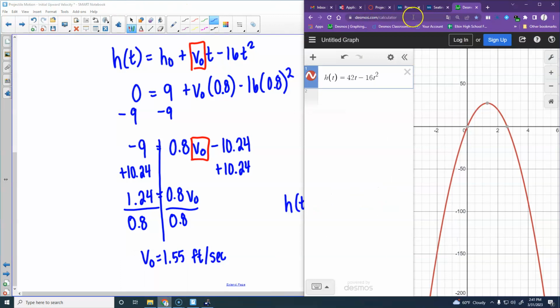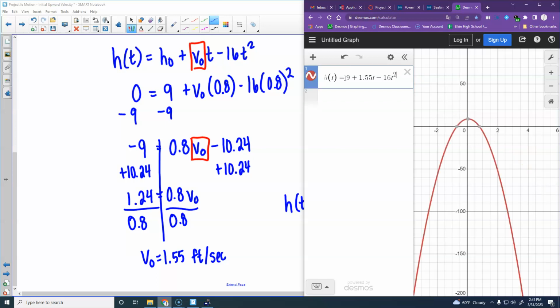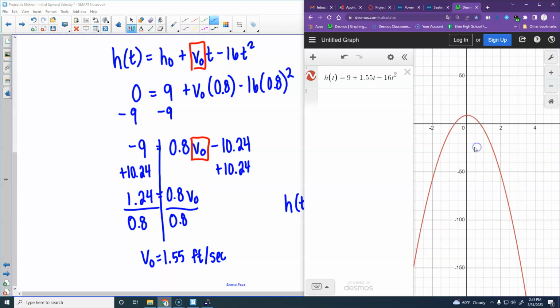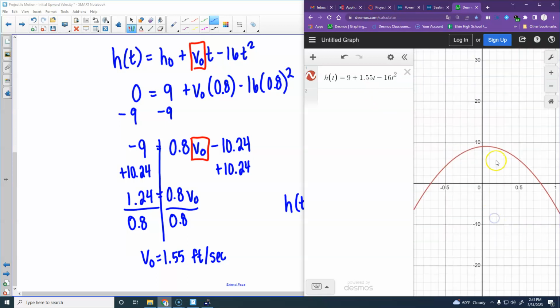So if we flip over here to Desmos and type this in, we get 9 plus 1.55 t minus 16 t squared. And if we look at this, be careful. You might want to zoom in a little bit here because the y-intercept and the actual maximum height are really, really close.